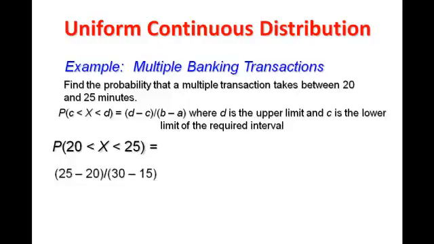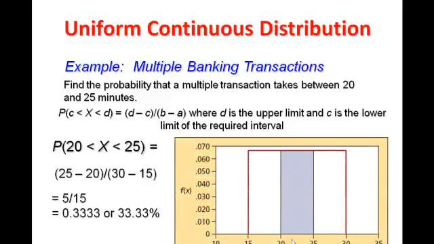What we're saying is the probability that a transaction is more than 20 minutes and less than 25 minutes. The way you do that is you take the difference between the two and find out what proportion they are of the whole possible interval. It comes out 33 1/3%.